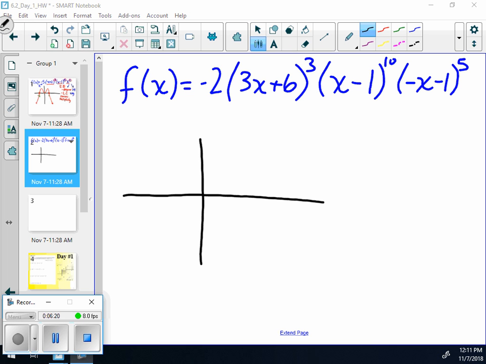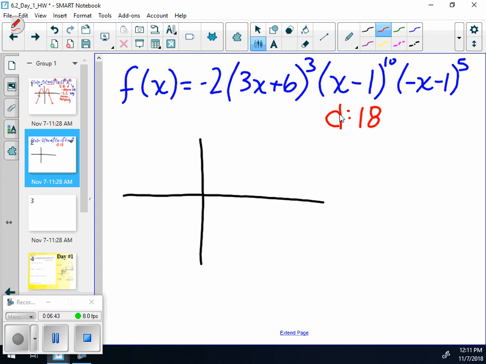Great. We've had a little bit of time. What is one piece of information that we need in order to graph this? Quinn, can you give us one piece of information? All right. Our degree is 18. Noreen, can you give us another piece of information? All right.